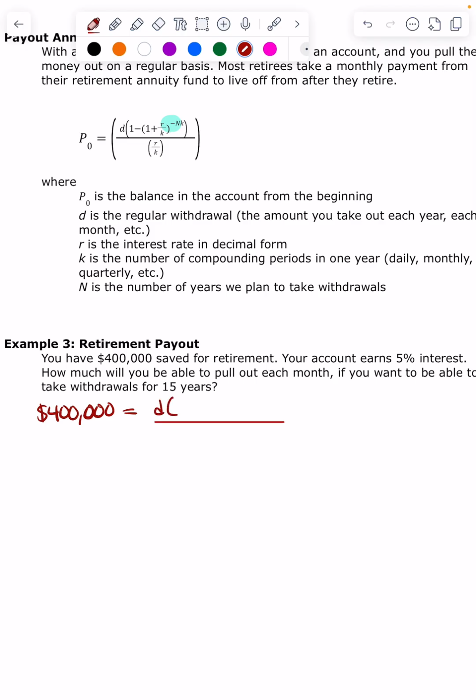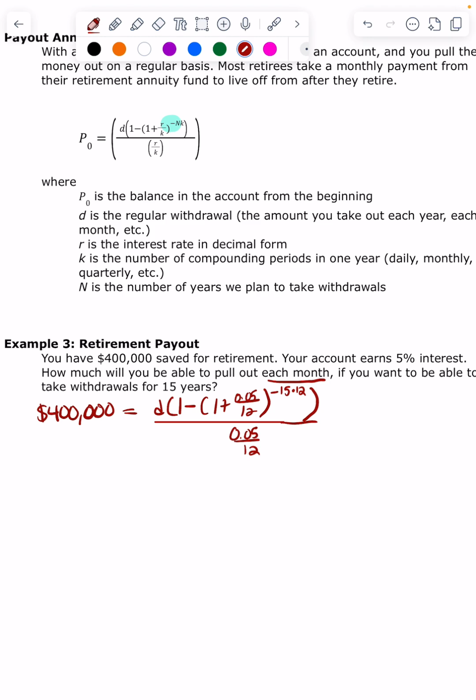And then parentheses 1 minus, parentheses 1 plus R divided by K, 0.05 over 12, because it's each month, parenthesis, negative, and big N is year, so 15 times K, 12. And parenthesis around that, because that is all multiplied by D. And then we divide by 0.05 over 12.